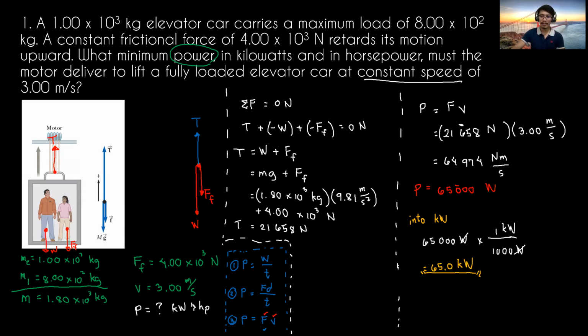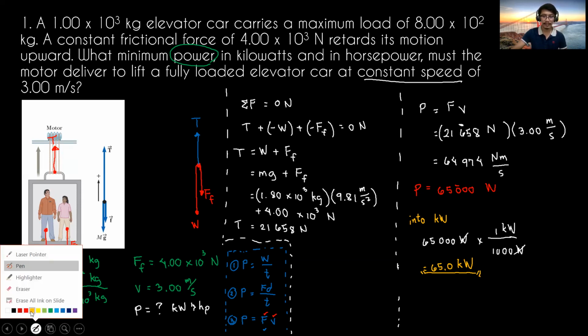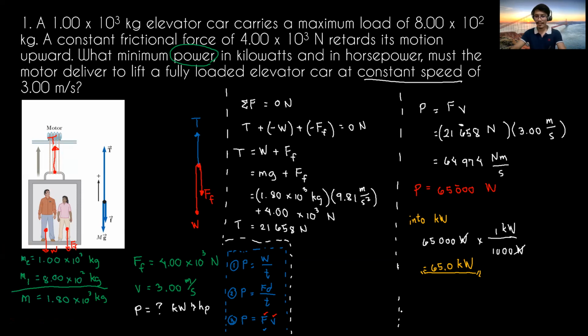Okay, how about in horsepower? So that is just 65,000 watts times, in one horsepower, there is 745.7 watts, remember 3 significant figures. So watts cancel.